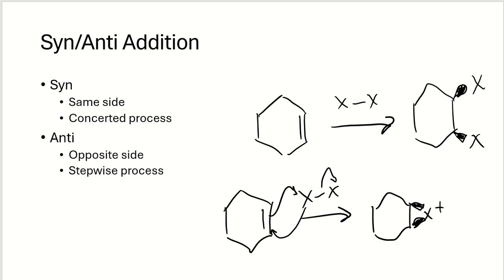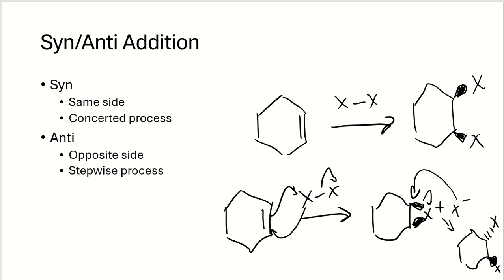And now when I add my X minus, I should have given myself more room here. Let's add X minus. That X minus is going to add, but it cannot add to the same side. That initial X that added is a wedge. It is taking up all the space above that ring. So the second X must add as a dash. Therefore, we're going to get an opposite or an anti-addition.